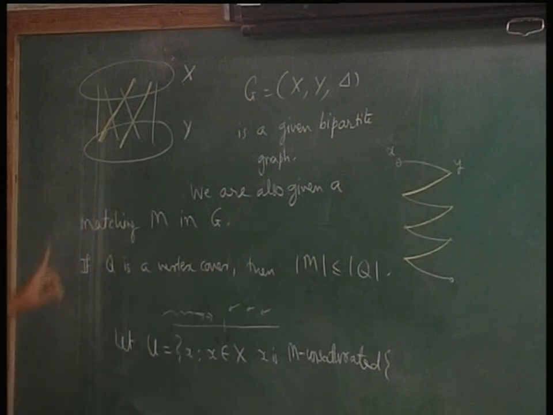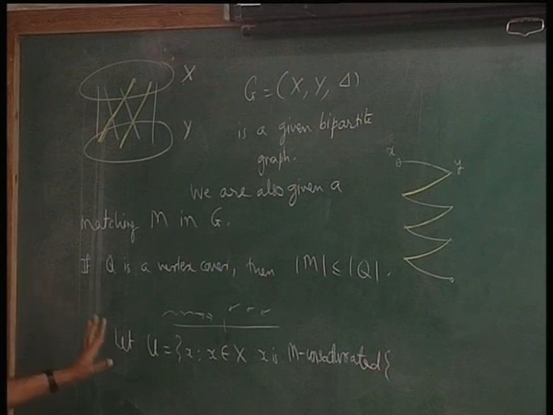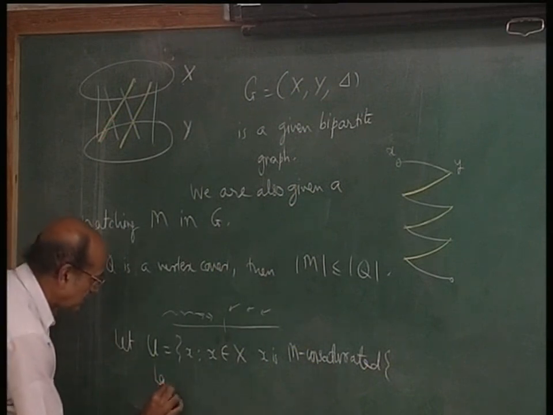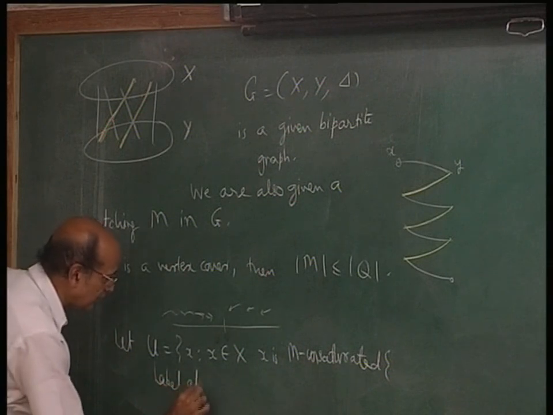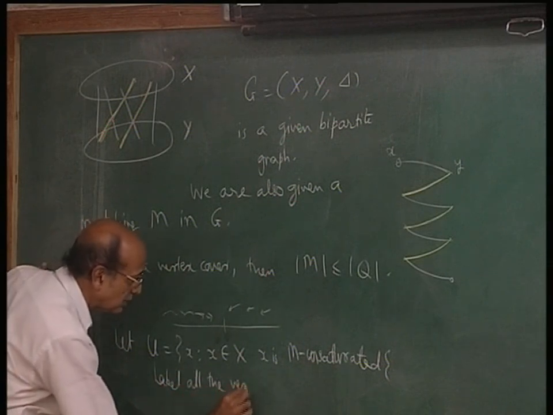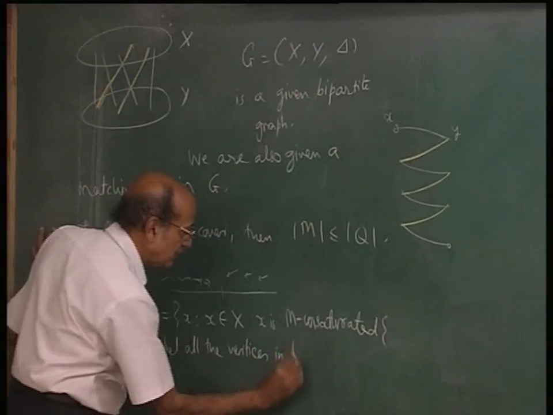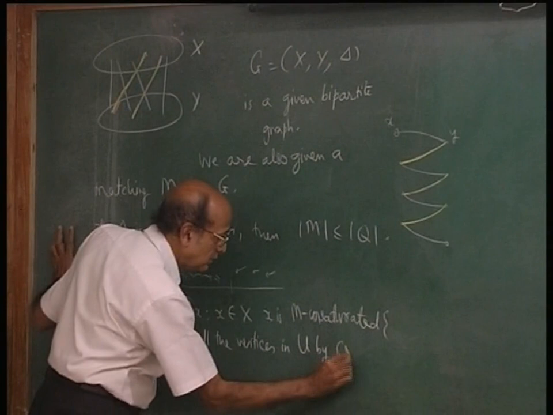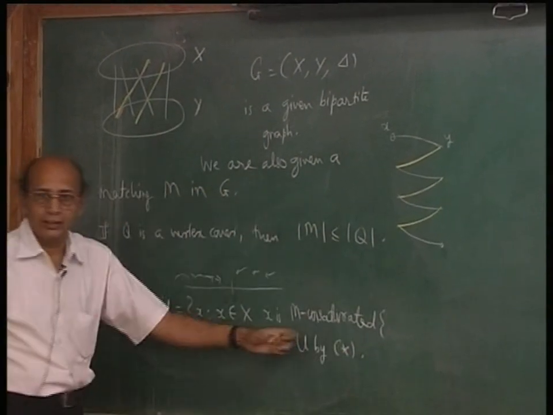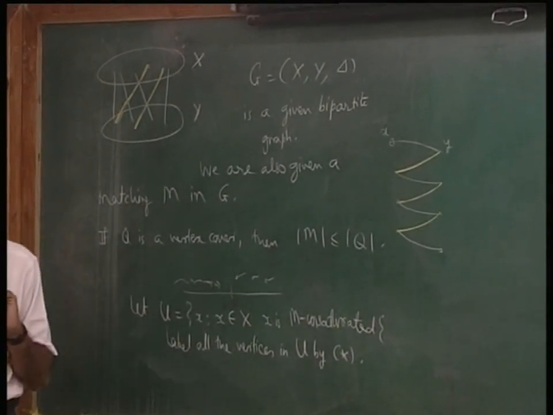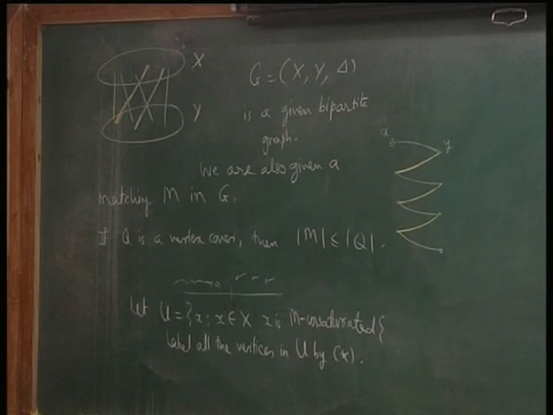So the entire thing now is to make a systematization of this idea. Label all the vertices. I have no time to go through an actual example.